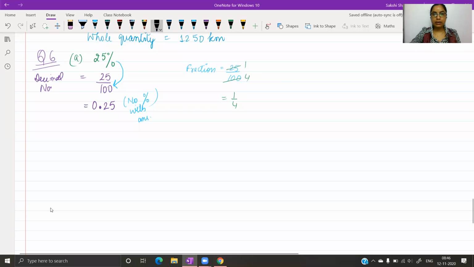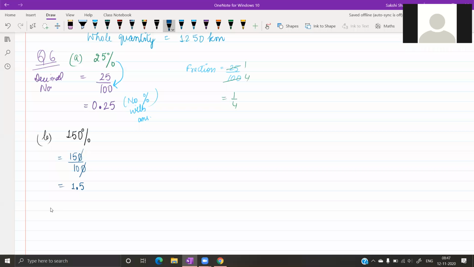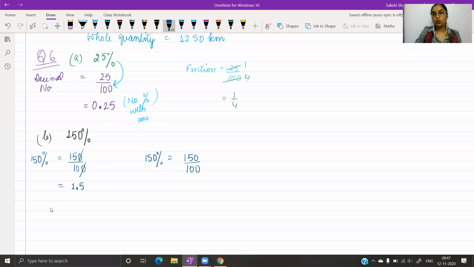Let's do one more part. We have B part as 150%. So you will be writing two answers. First of all, write it as a fraction and make it a decimal number. So this will be 1.5 because you can cancel the zeros, or you could write down 1.50. That's also correct. And then there will be a second answer, where I change the fraction into lowest terms.